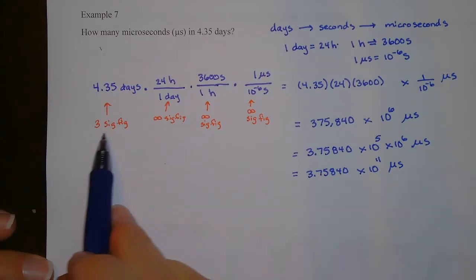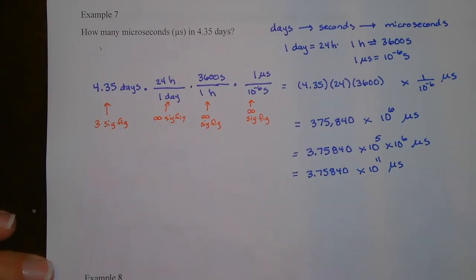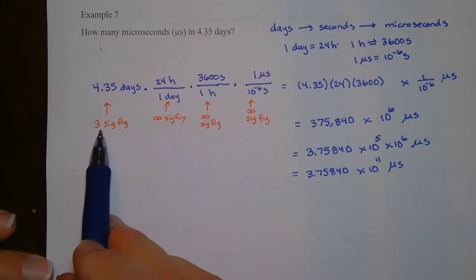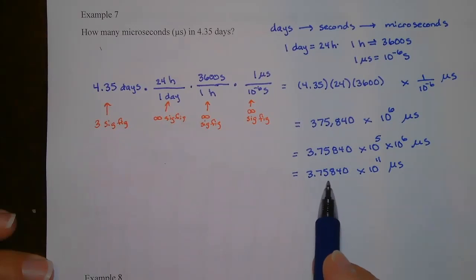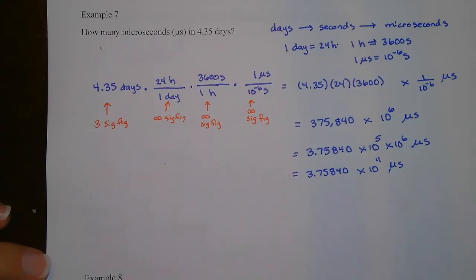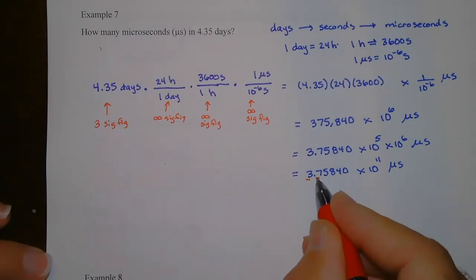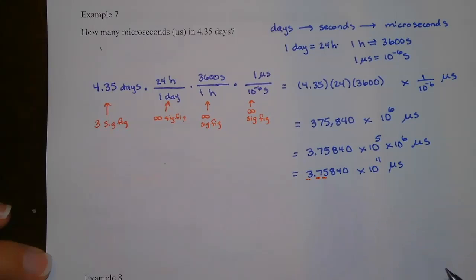Now we're at the end, and we have to give the correct number of significant figures. So these all had infinite significant figures. This had 3 significant figures. So this number right here needs to be rounded to 3 significant figures. I have 3, then the 7, and then the 5. That would be the 3rd significant figure.